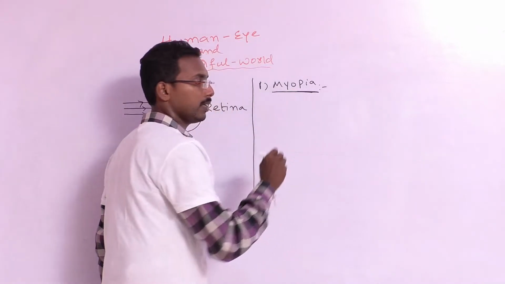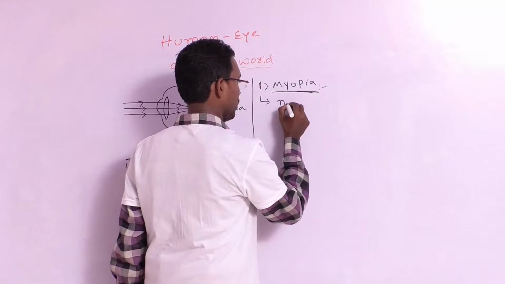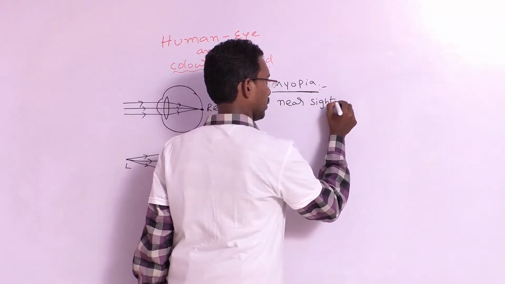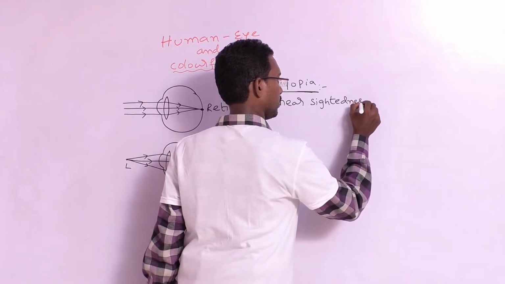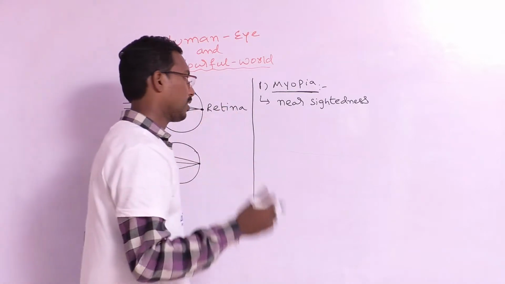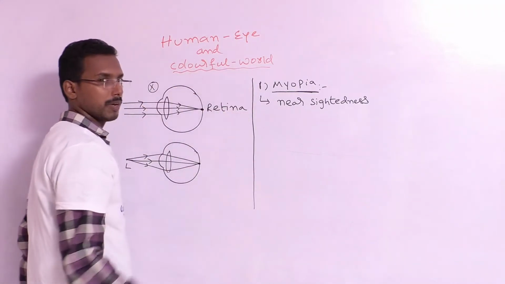So he can see only a near object. This is also called nearsightedness. A person only sees a near object but cannot see a far object as a healthy person can.